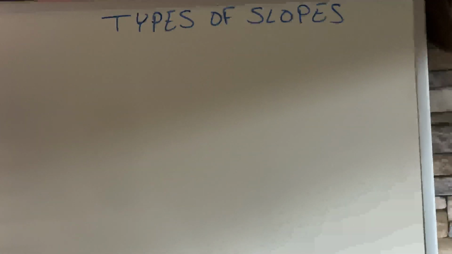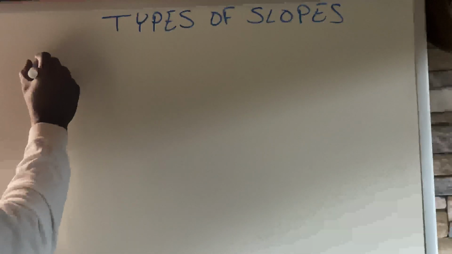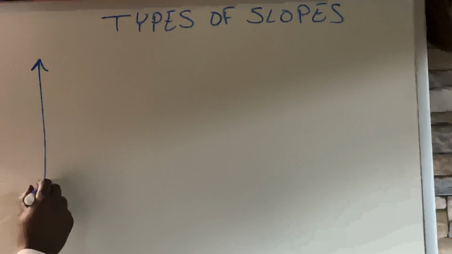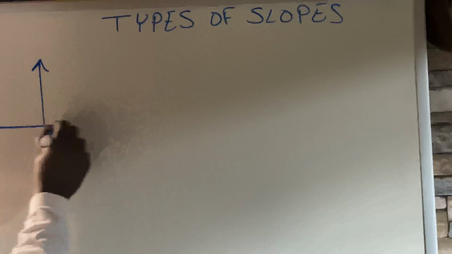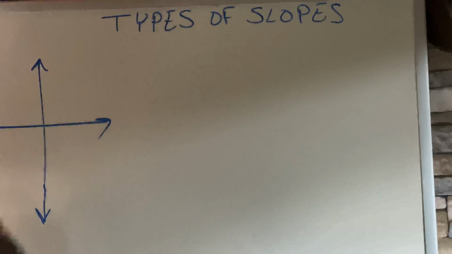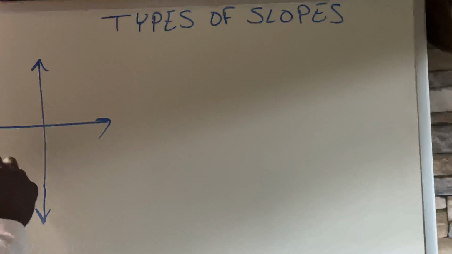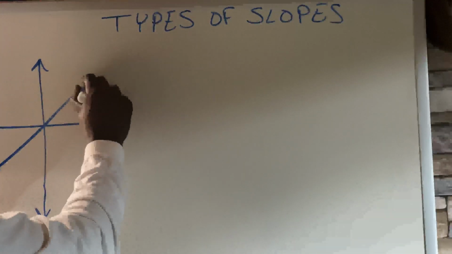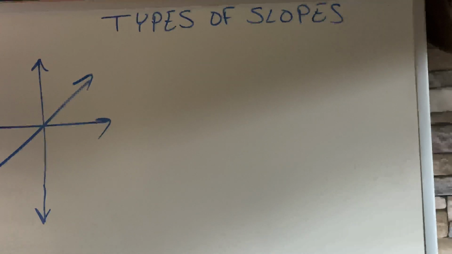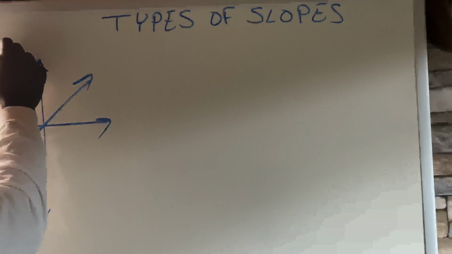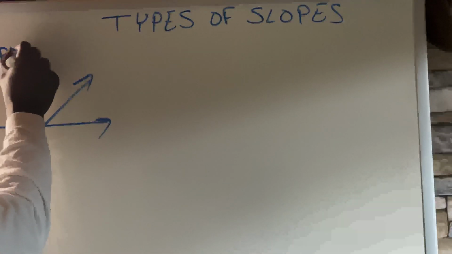All right, so next we're going to talk about the types of slopes. If we had an x and y axis, we're always working from left to right. So left to right, if the graph is going upward, then this would be a positive slope.